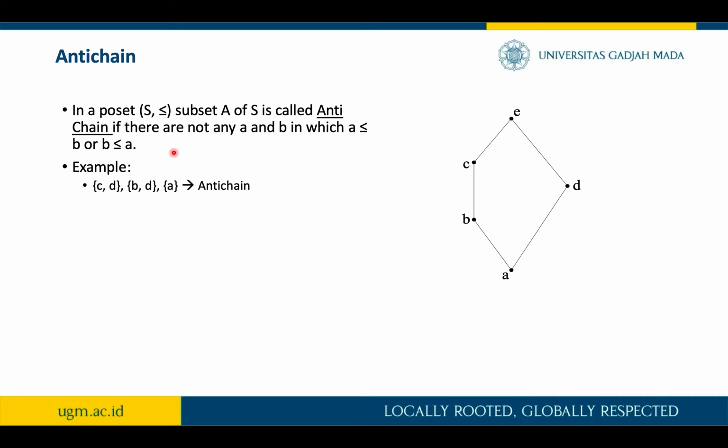So in an anti-chain, we cannot compare elements. There are examples of anti-chains in this Hasse diagram. CD is an anti-chain because we cannot compare C and D. And then BD is also an anti-chain. And by default, a single element such as A is also an anti-chain.